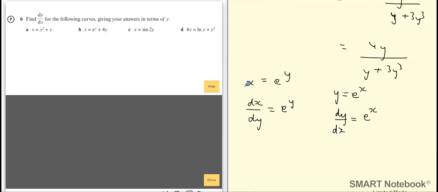If x equals e to the y, dx by dy is e to the y. Okay, and then if you wanted to work out dy by dx, it's going to be 1 over e to the y.